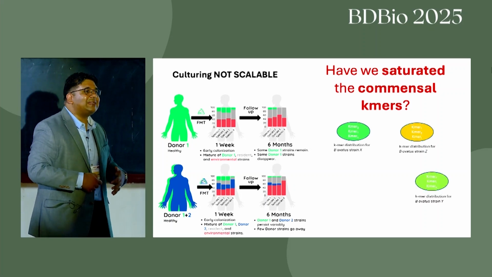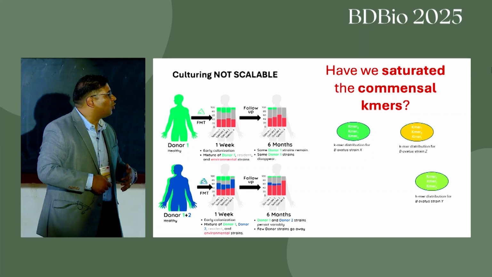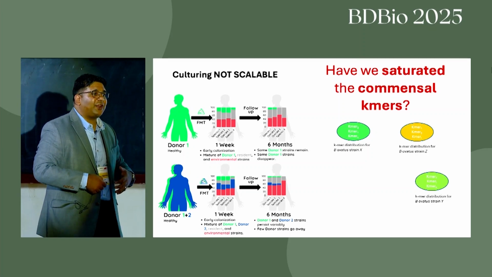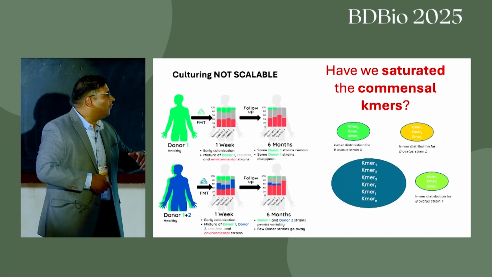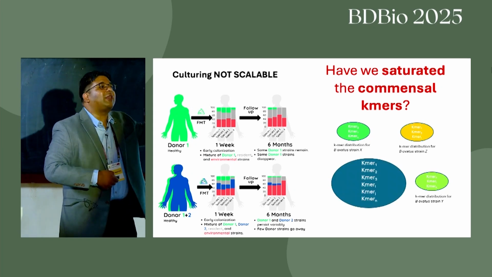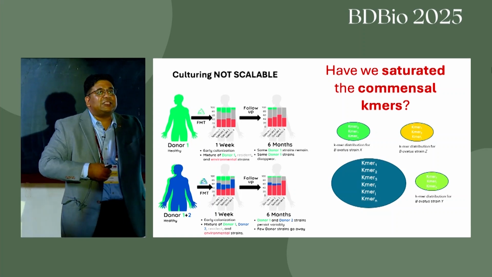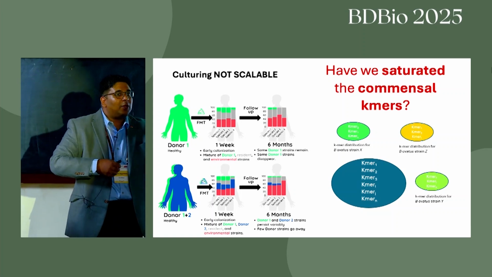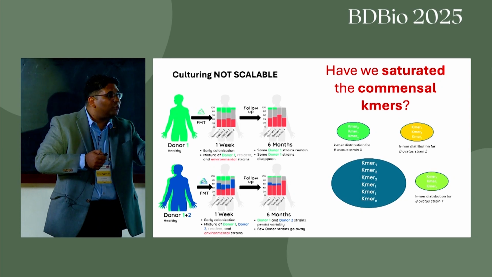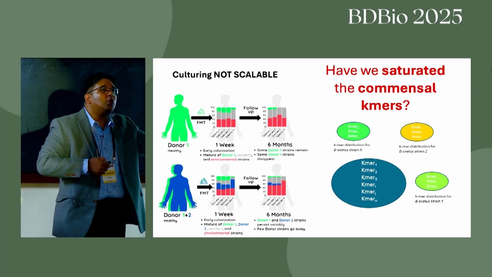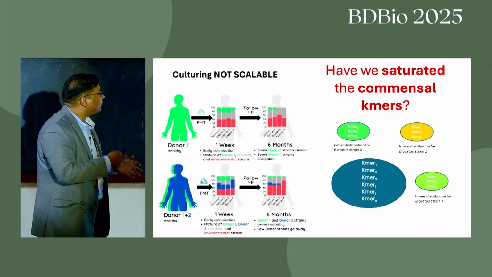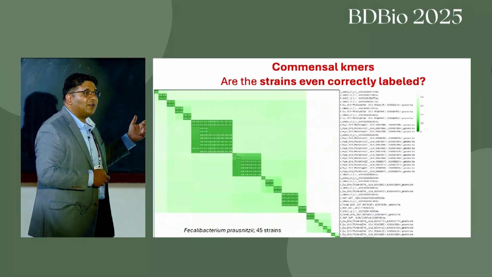The idea is, there is a Bacteroides ovatus strain, another Bacteroides ovatus strain. They may all have individual K-mers, but maybe we are not going to see any new K-mer, because we have already cultured so many strains. So I may not know the exact K-mer distribution of my strain, but I know the universe from which it is coming. This is the idea that we are working on in the lab.